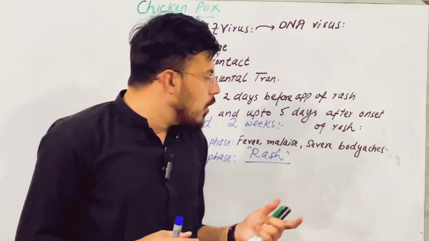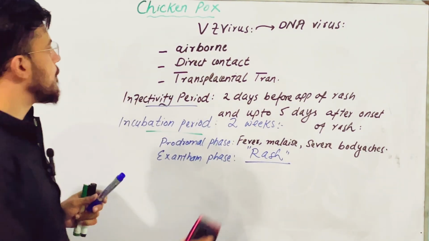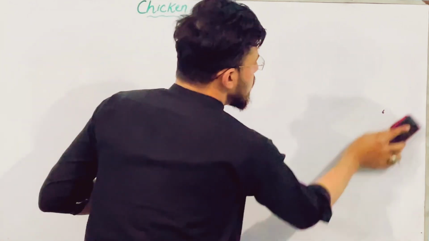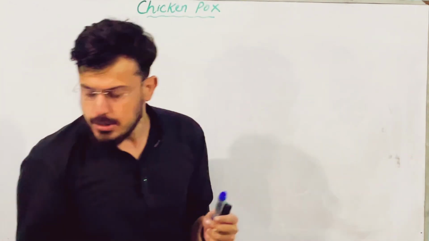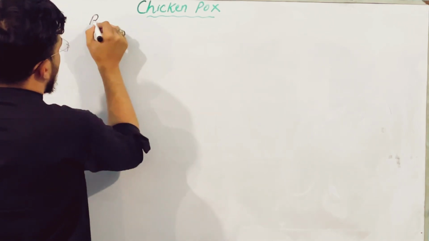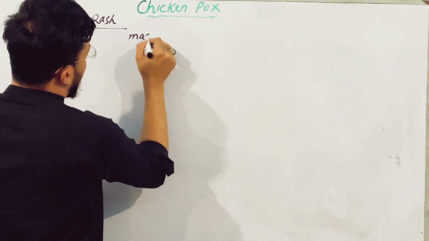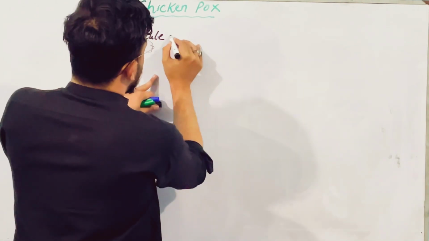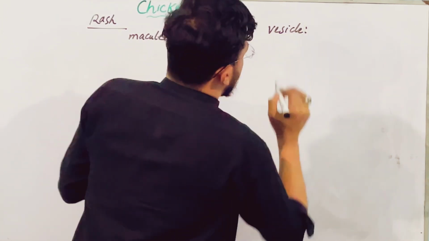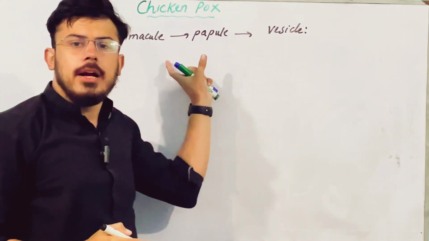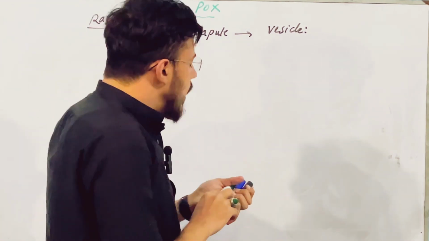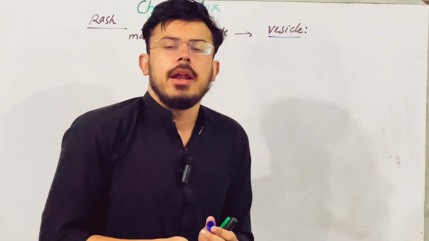Now the most important thing is the pattern of the rash in chickenpox. The rashes first appear as a macule, then become a papule, and ultimately become a vesicle. A macule is a flat lesion with diameter less than 10 mm, a papule is a raised lesion with diameter less than 10 mm, while a vesicle is a raised lesion containing fluid with diameter less than 10 mm.